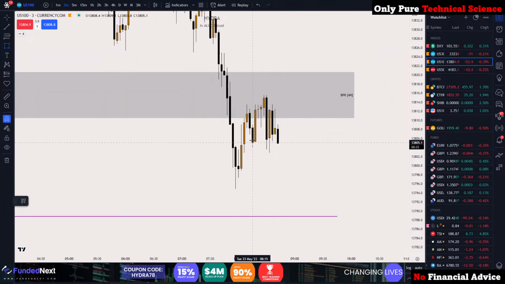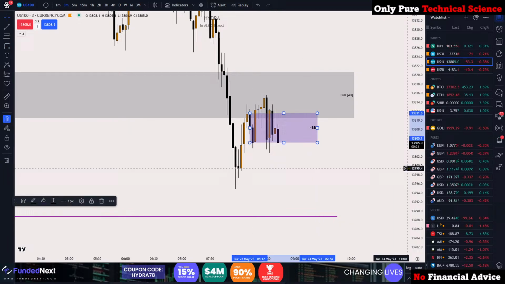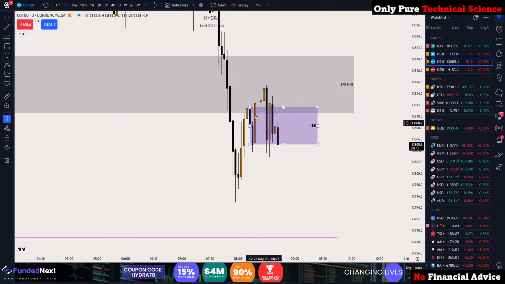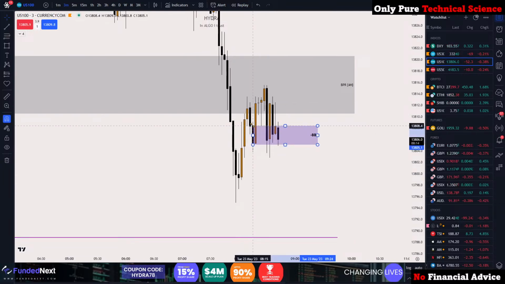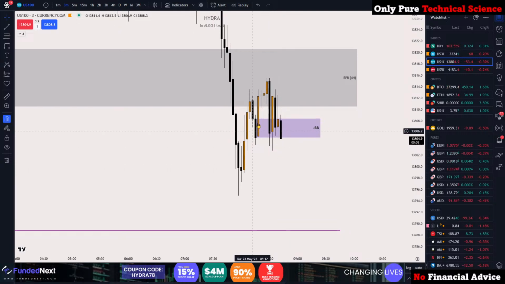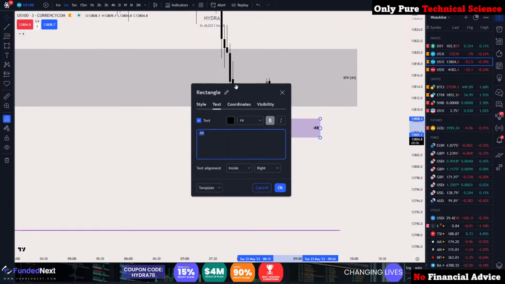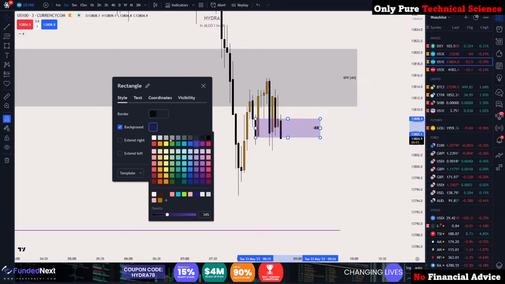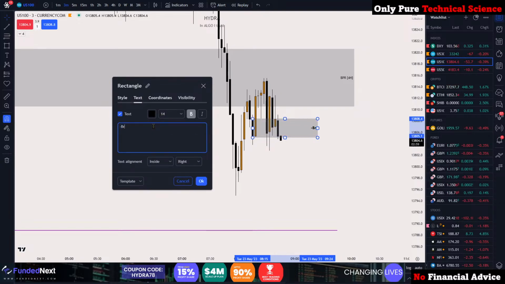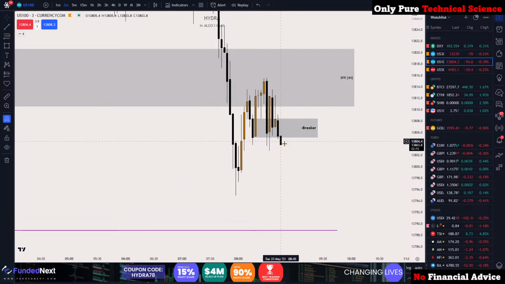And price is going below our breaker block. If you measure this breaker block, the 50%, the midway of this breaker block will come somewhere here. That's the reason I'm only going to consider this candle as my breaker block. Beautiful drop.